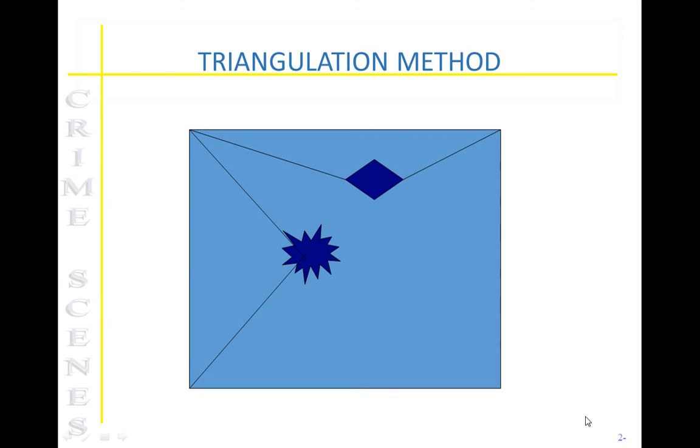So you would be taking measurements from that upper left and right corners, which are the fixed points for that diamond. Likewise, if you're taking the measurements for the star area, your measurements would be taken from the upper and the lower left corners.